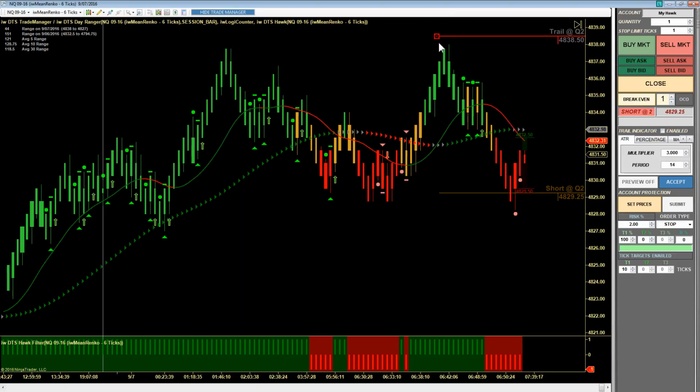Okay, I'm getting a little bit of buying reaction now to the lows, which is anticipated. And we'll see if we get some follow through.